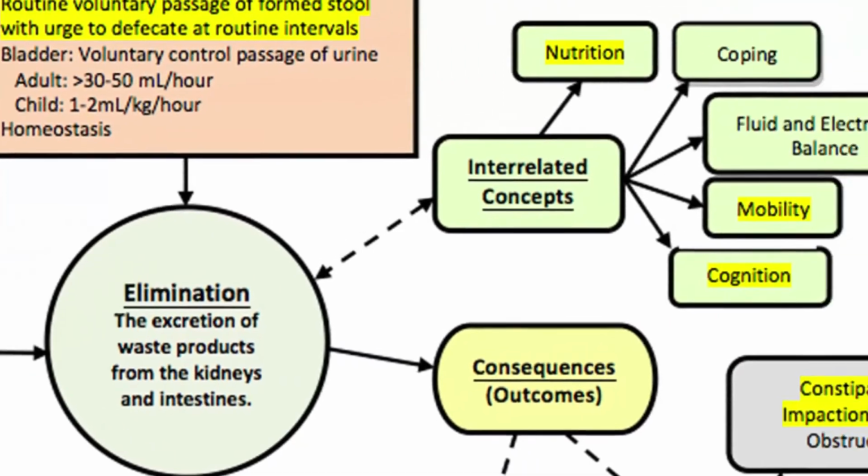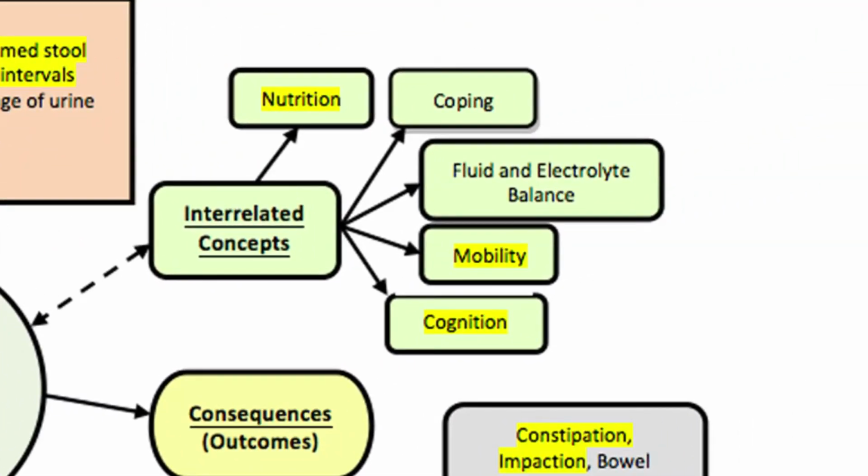So the nutrition is a problem for her, interrelated, just like it was for him, but for a different reason. She's not drinking. And her mobility is a problem, whereas for the 32-year-old, if he were very active, that would be a problem because it would increase his peristalsis even more.